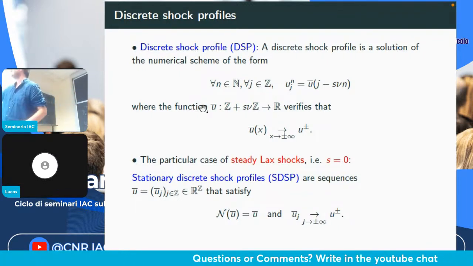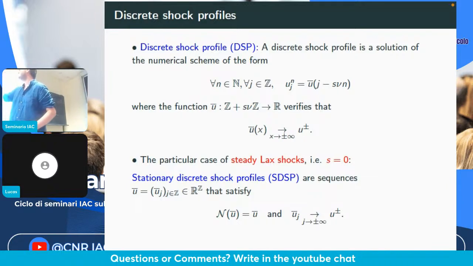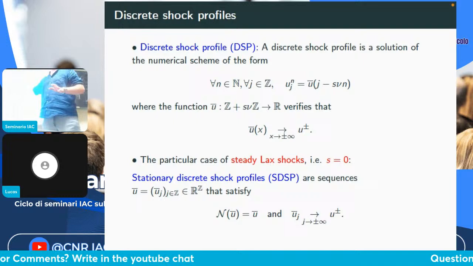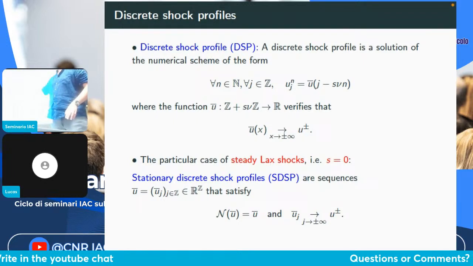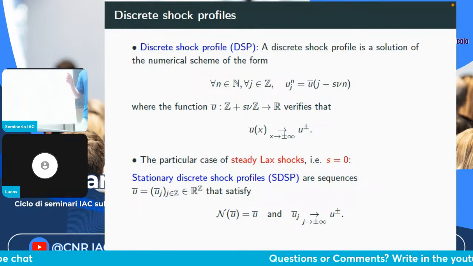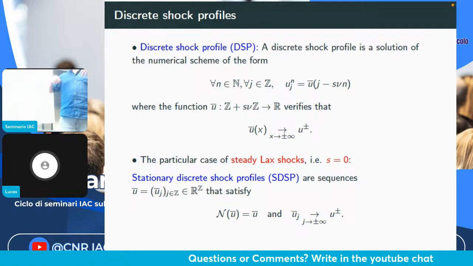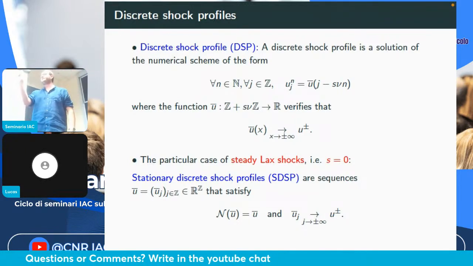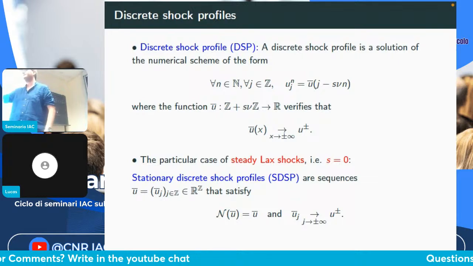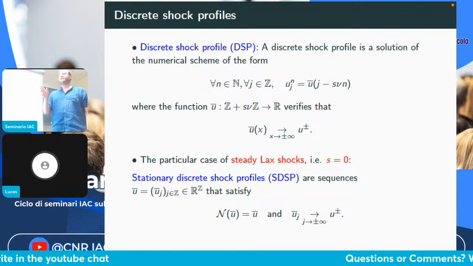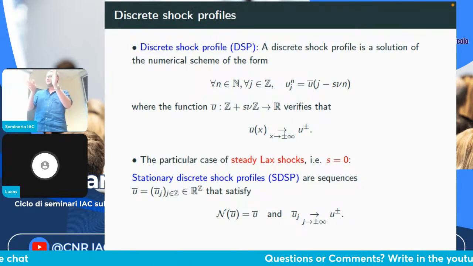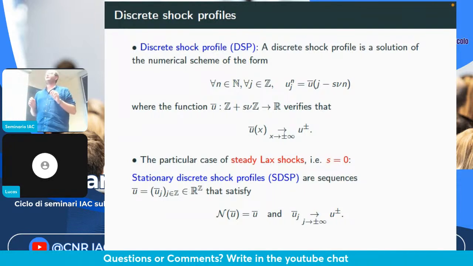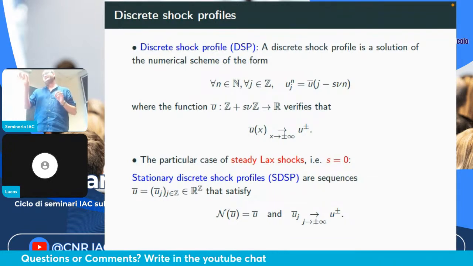If you consider, for instance, this definition here, this U bar is only defined on Z plus some speed times Z. So it's not defined on R, and then you can say each translation is a discrete shock profile. Sometimes it's only defined on some neighborhood of this set.